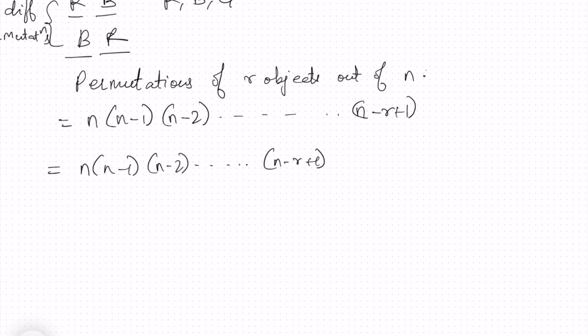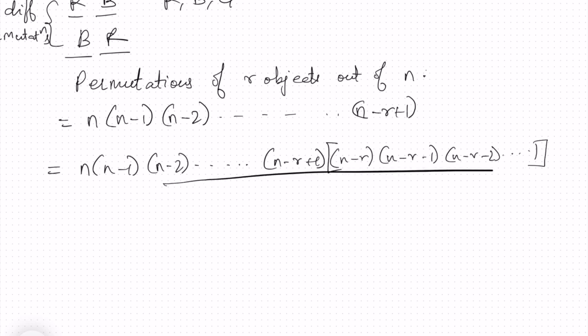So after n minus r plus 1, in order to complete the factorial, I must multiply by n minus r, n minus r minus 1, n minus r minus 2, all the way up till 1, and divide by the same term.